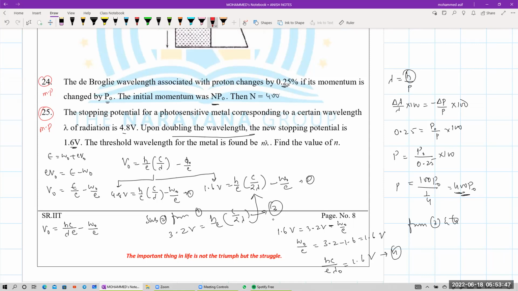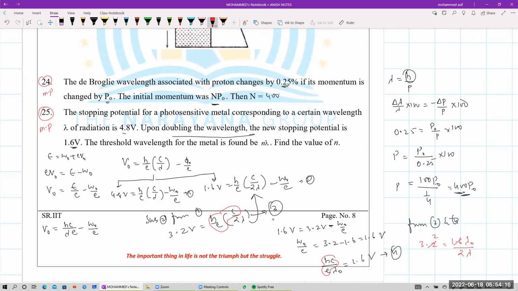So I'm substituting 4 in equation number 3: 3.2 is equal to hc divided by e, which I can write as 1.6 into lambda naught divided by 2 lambda.